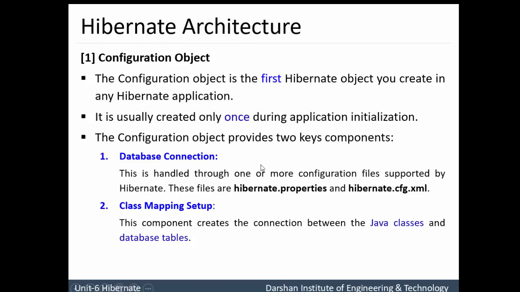So component number 1 will communicate our object oriented program with our database. For example, if I am using a MySQL database, then it will communicate my object oriented program with the MySQL database type, and class mapping setup will communicate my Java classes. For example, if I have a Java class named customer, it will communicate my Java class named customer with the RDBMS table customer.